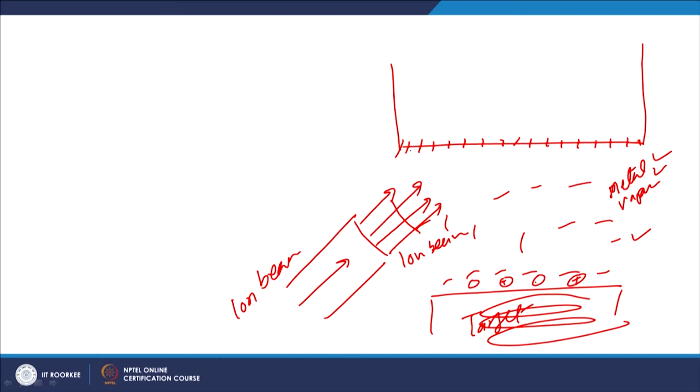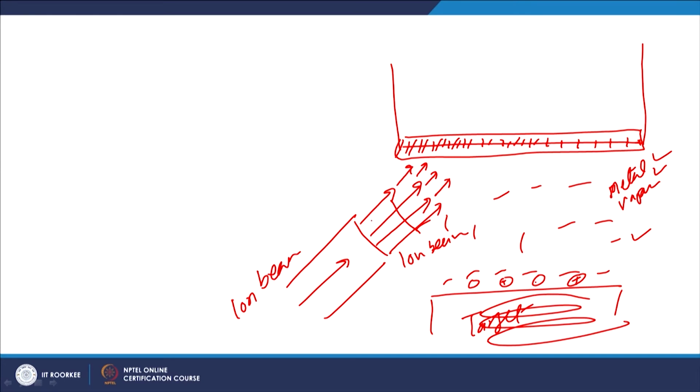The deposited material is subjected to the ion beam treatment, wherein the ion beam impacts with very high energy onto this material deposited on the substrate. So this will lead to proper mixing of the material being deposited by the various techniques.